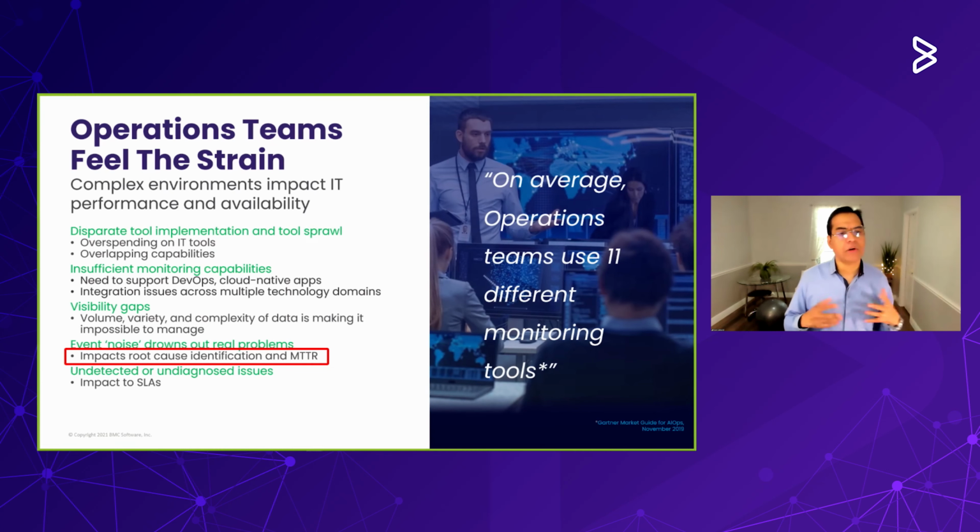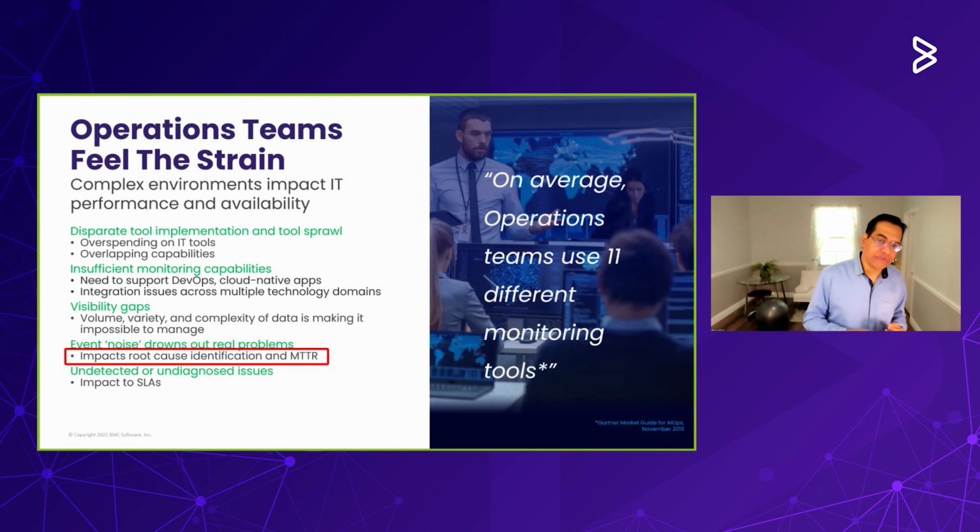Visibility gaps or large amounts of data on-premise and across the cloud present additional challenges for visibility. Event noise, which is again the focus of our presentation: most of our customers have thousands of events being generated every day or even every hour from different apps, technologies, and platforms.